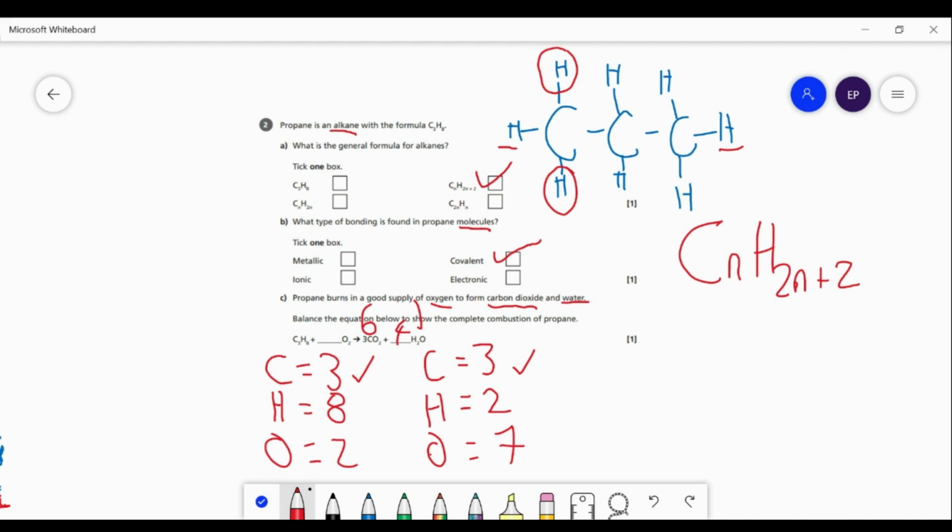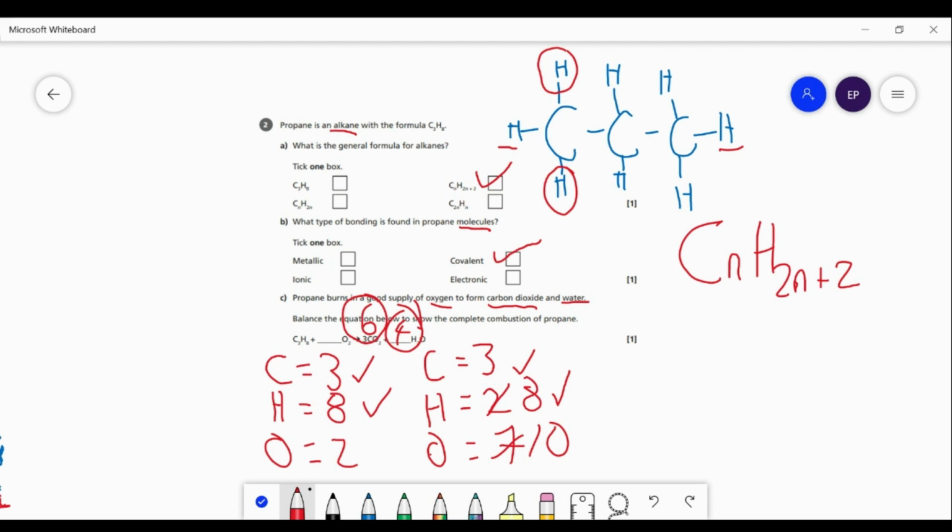Let's recalculate what we've got. 4 times 2, there's now 8 hydrogens. So the hydrogens balance, which is excellent. And let's have a look at the oxygens. We've still got 6 in the carbon dioxide, plus 4 in the water. That now makes 10 oxygens on the products, or right-hand side.